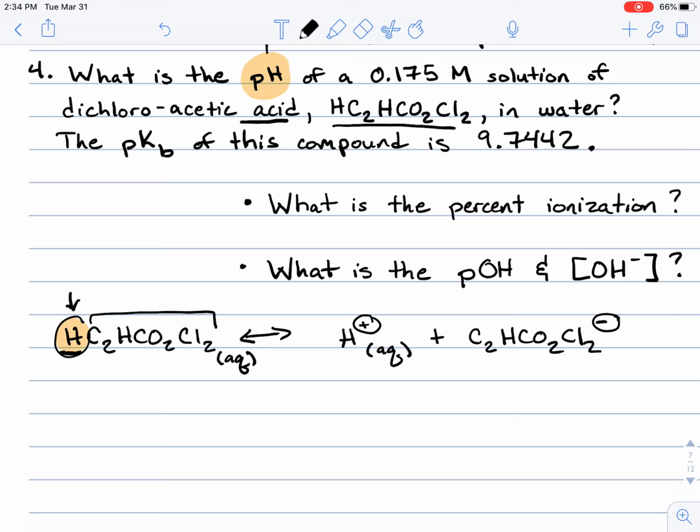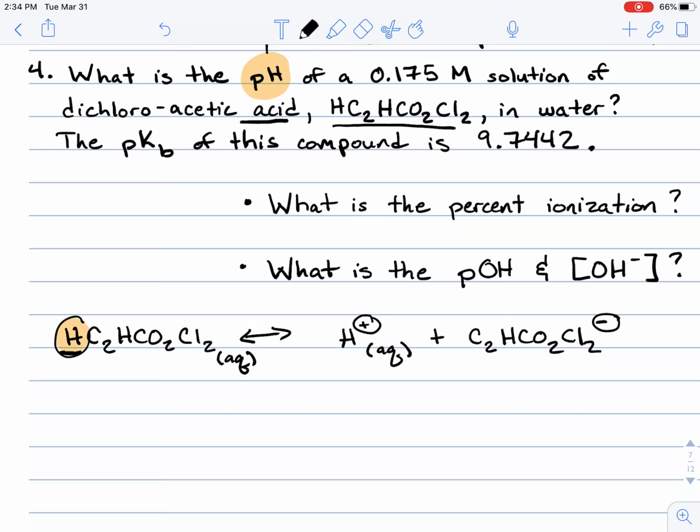We need to determine whether or not dichloroacetic acid is a weak acid or a strong acid, because it's going to determine what we are going to place in the change row in our ICE table.